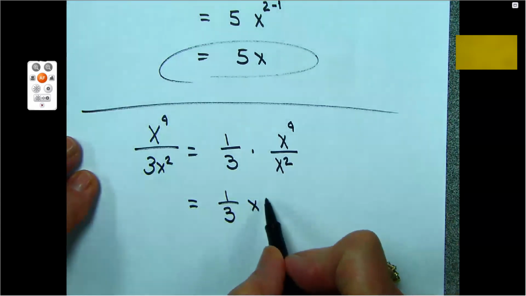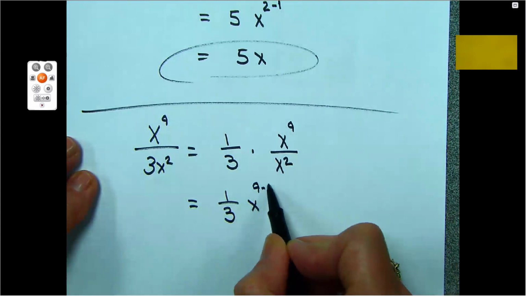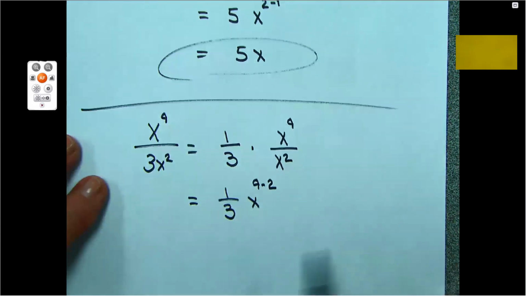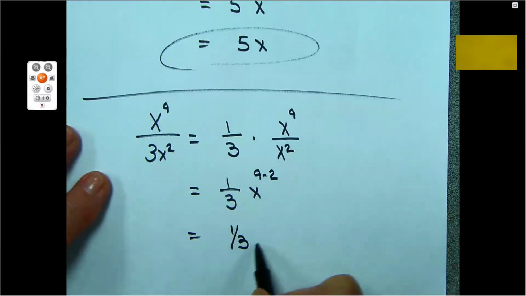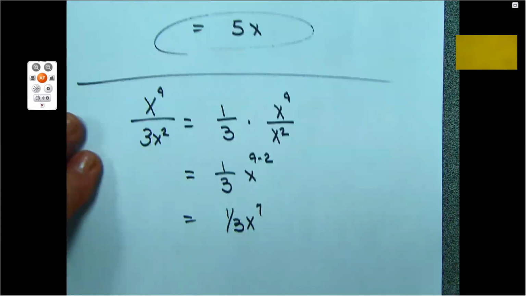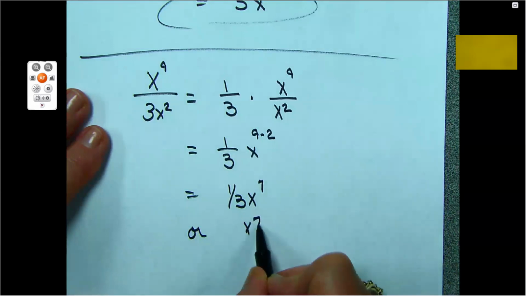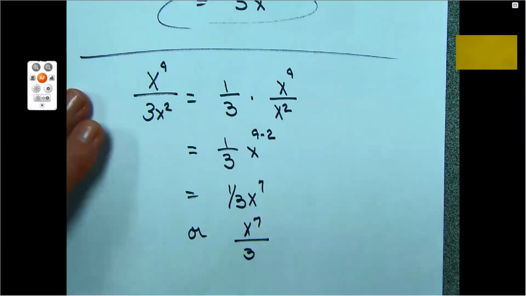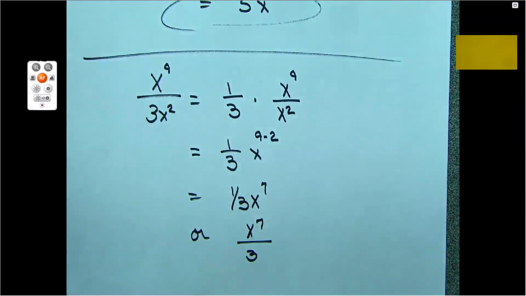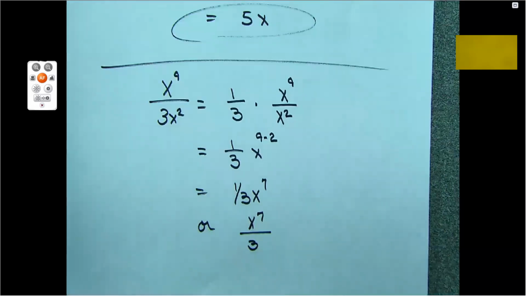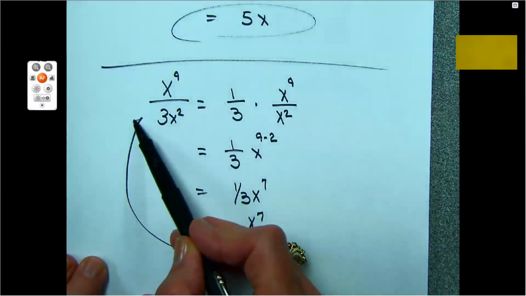We're going to subtract the denominator's exponent from the numerator's exponent. We get 1/3 x to the 7th. Or you could write that as x to the 7th over 3, kind of as they presented it to us.